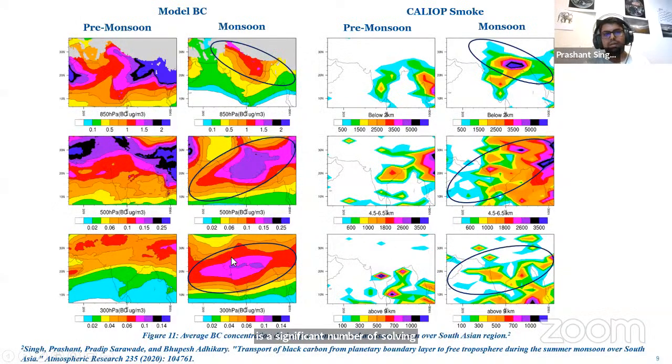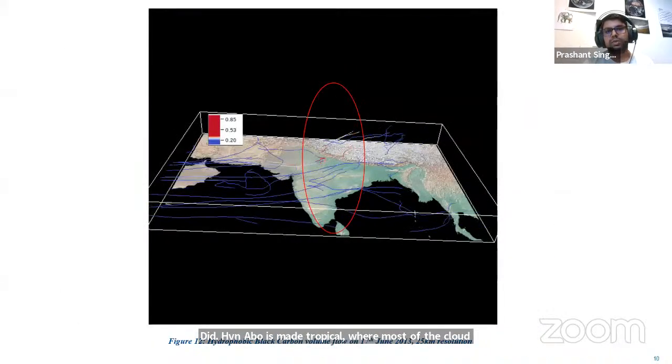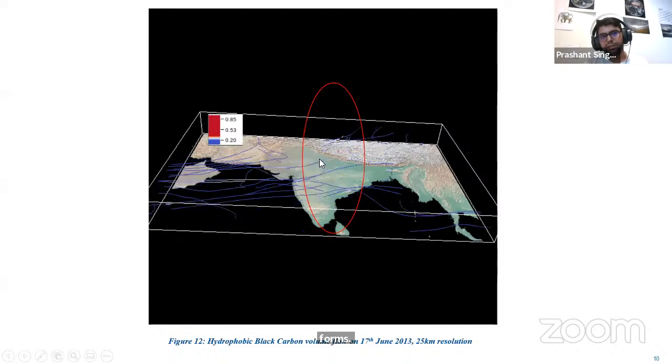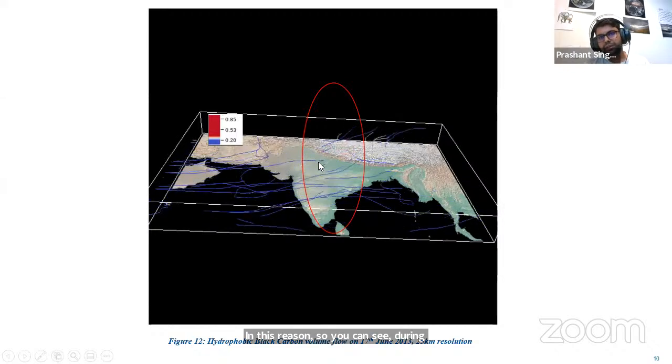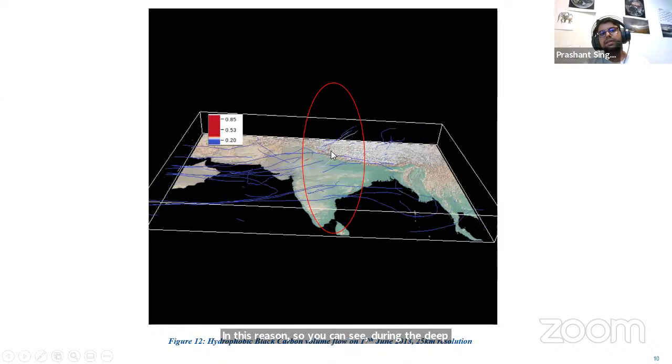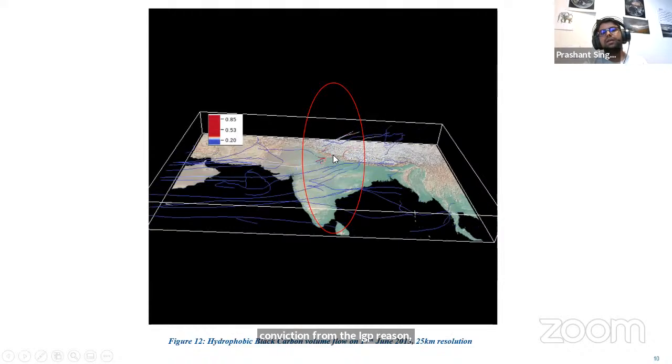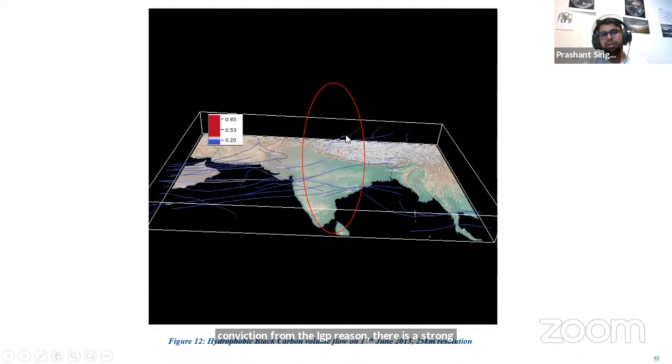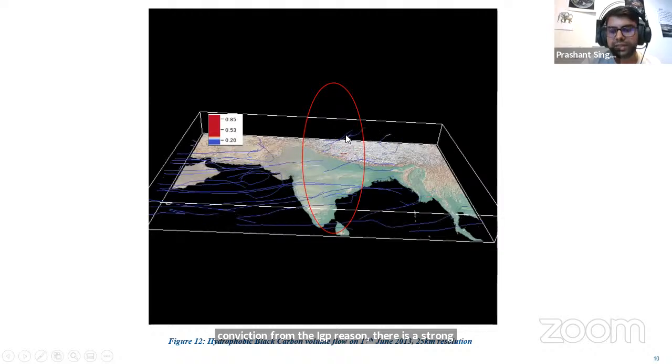At pre-monsoon season, there is black carbon and other species over 500 hPa and above, in the mid-troposphere, where most of the cloud forms in this region. During deep convection from the IGP region, there is a strong updraft of black carbon toward the Himalayan region, and it is all very significant.